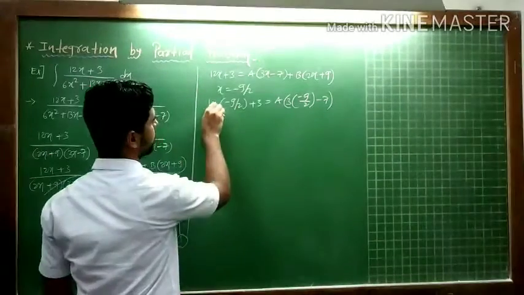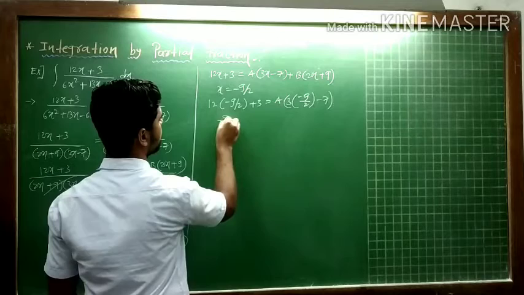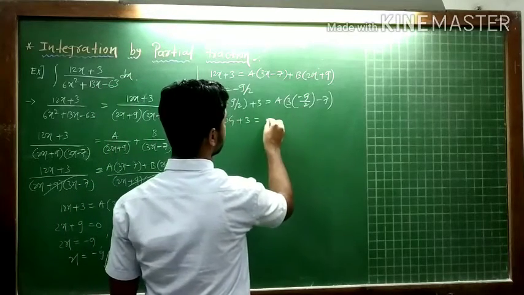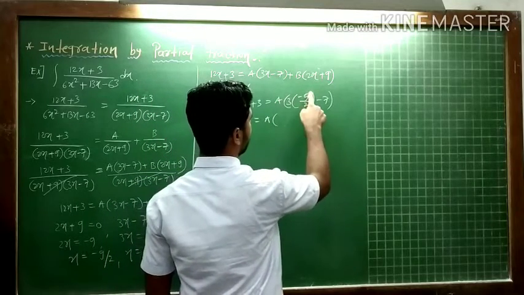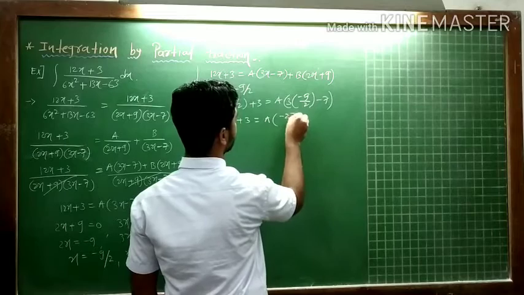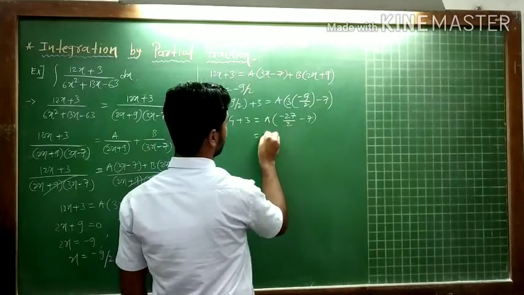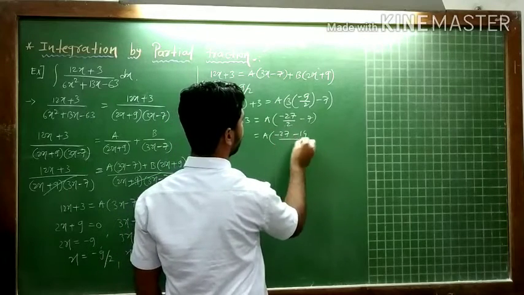So the 2 will divide into 12, you get 6. Minus 9 into 6 is −54, plus 3 is −51. This is equal to A times, simplifying, 3 into 9 is 27, so −27 by 2 minus 7, which is −27 − 14 divided by 2.